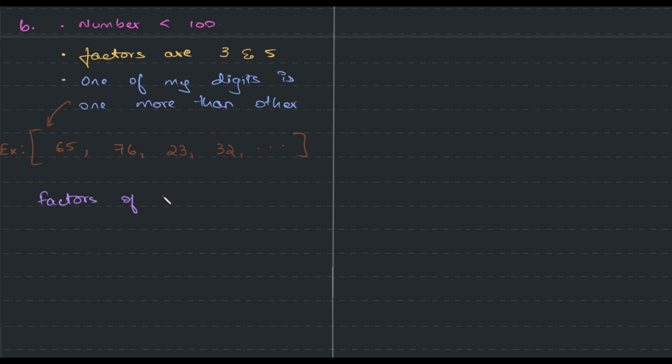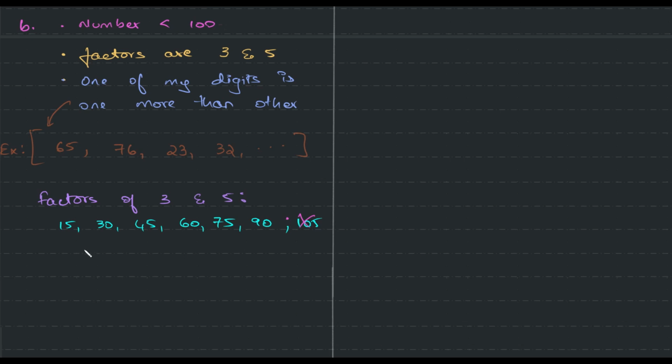They will be what, guys? 15, 30, 45, 60, and so on. We need to write all of them, if not, we'll be stuck. 75, 90, and 105, my bad. So 105 is out of range. So we'll stop over here.